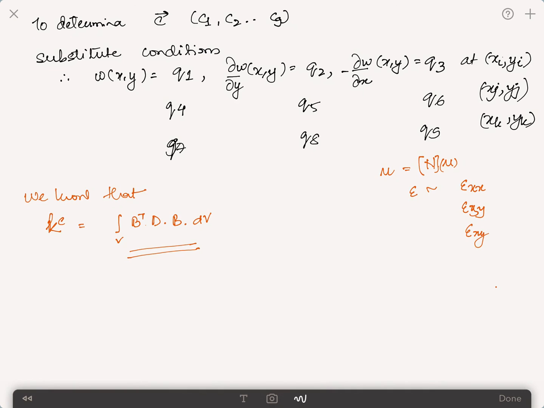And finally, of course, if we want to find the global element stiffness matrix, then I have to have a transformation matrix, which will give me the final global stiffness matrix. And since it is just analogous to the conditions of the beam, we also know that we can find out the transformation matrix by making use of the u, the W and the rotations, and we know about which axes we have to transform them.